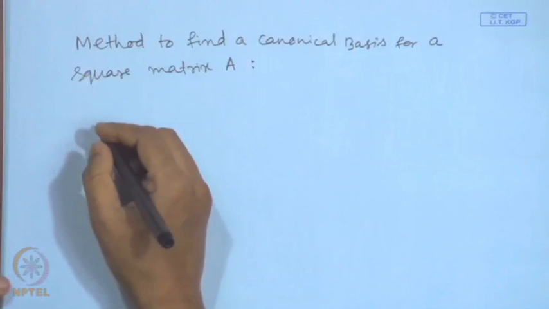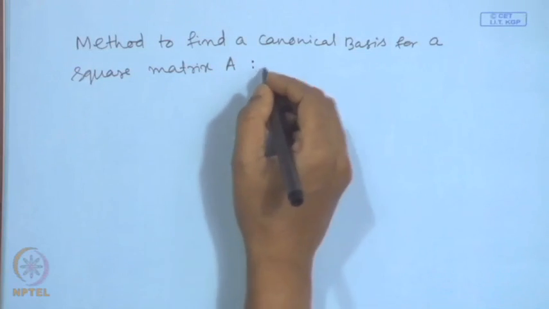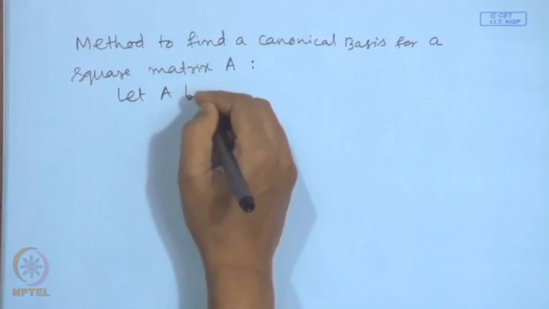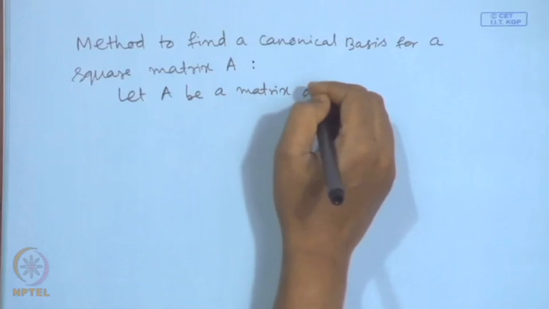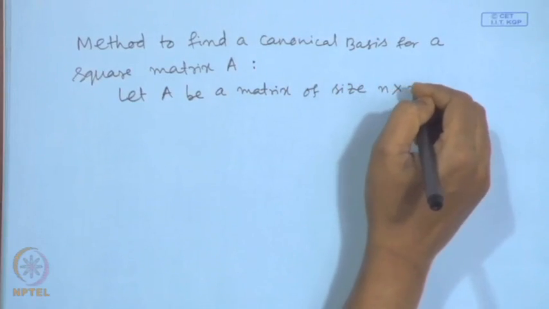Here we consider that A is a matrix of size n by n.